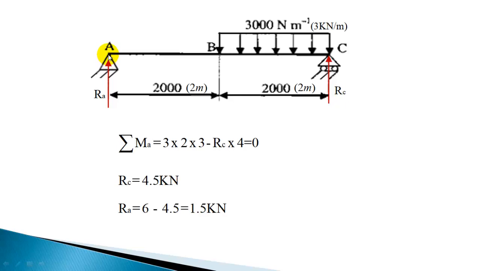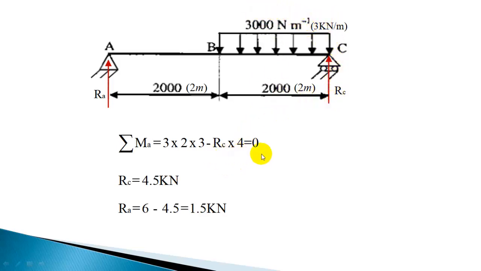If you take the moment summation with respect to A, 3 into 2, that is the resultant load, into the distance, which is 2 plus 1, the centroid of this load. So it's 2 plus 1, that is 3. 3 into 2 into 3 is the moment produced by this UDL, minus this reaction, which will produce negative moment.